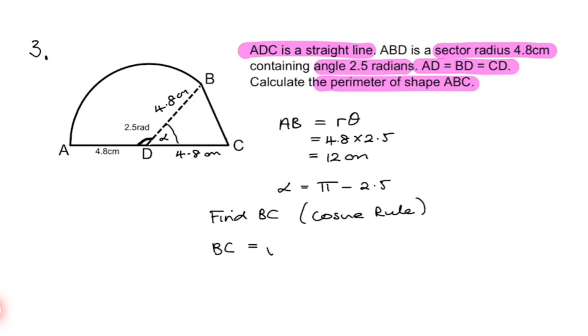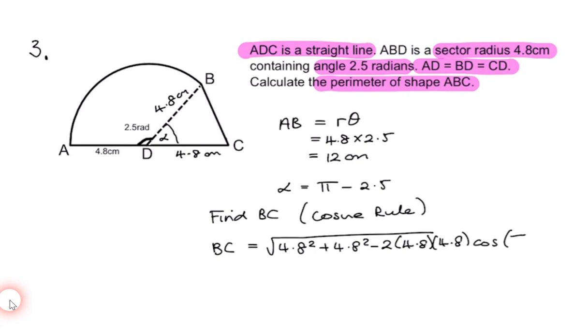So BC equals square root of 4.8 squared plus 4.8 squared minus 2 lots of 4.8 times 4.8 times the cos of the angle. So that's pi minus 2.5. Okay, pop that in your calculator and you get 3.027. I'm doing that to 4 significant figures because I want my final answer correct to 3 significant figures.